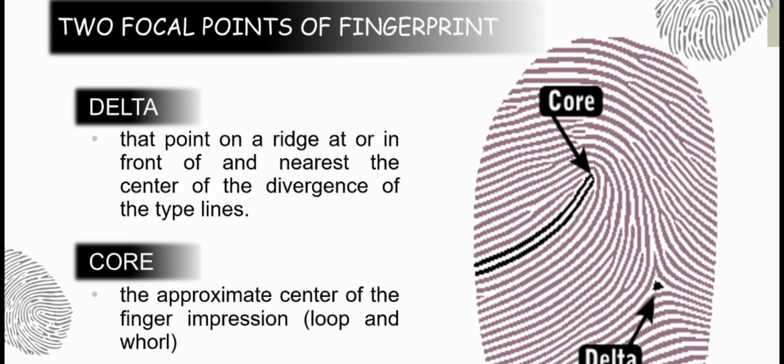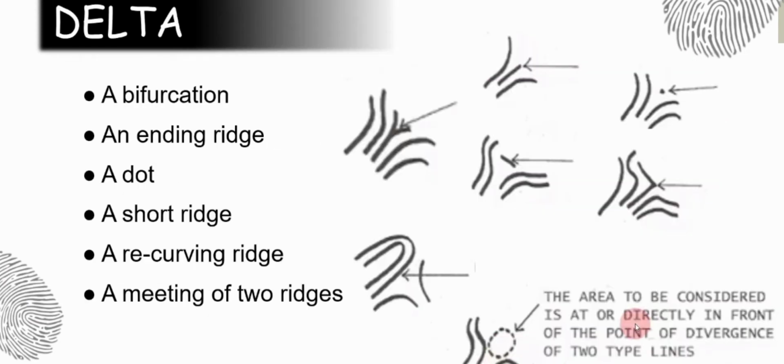So, the core we find at the center, either in a loop or whorl pattern. Delta first. The delta can be a bifurcation, an ending ridge, a dot, a short ridge, a recurving ridge, or a meeting of two ridges, or converging ridge.